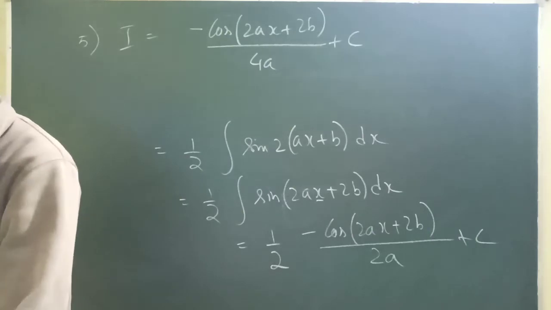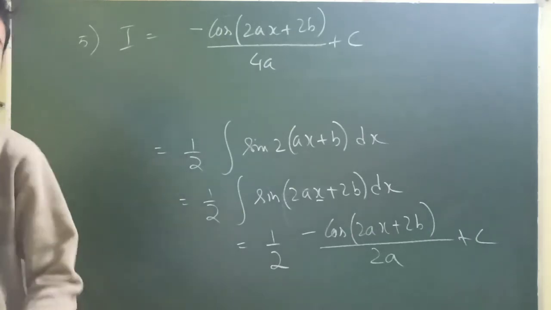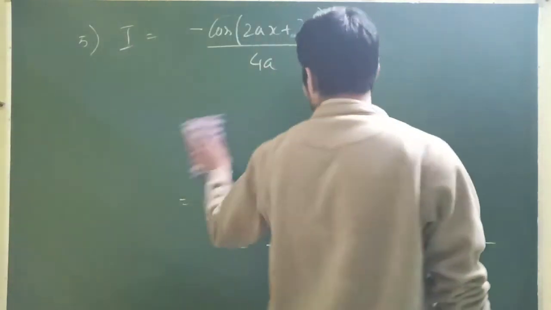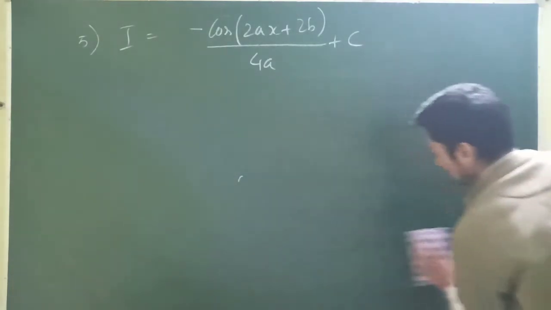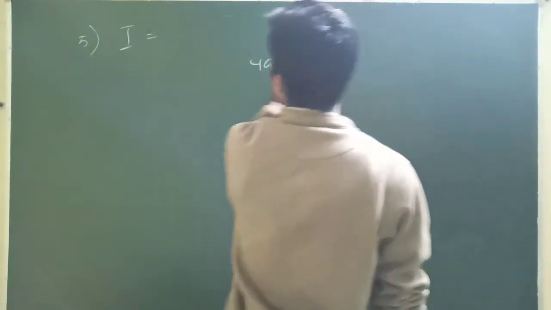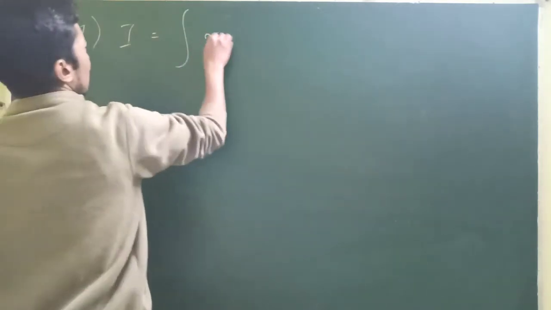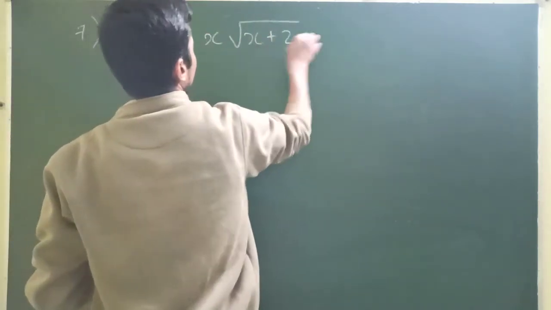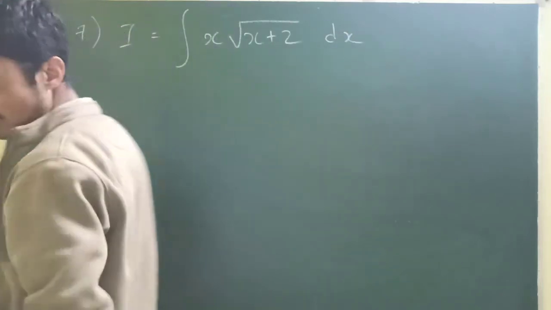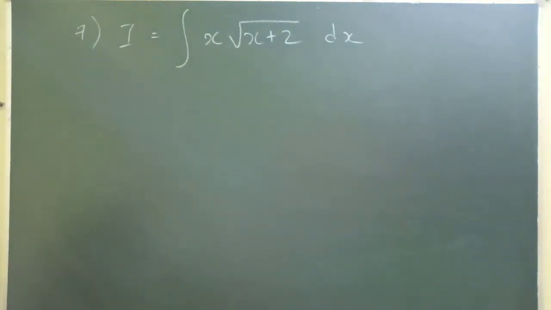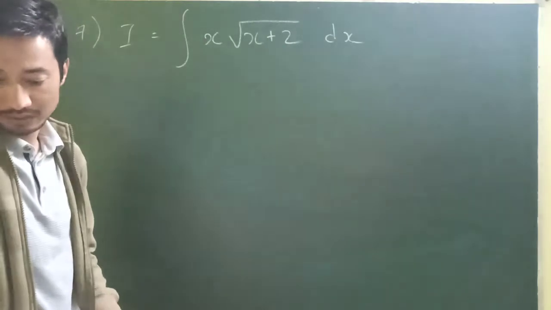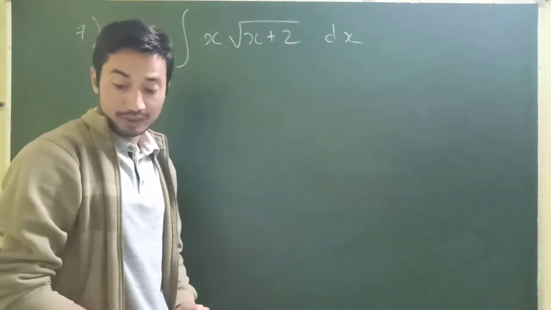Question 7, shall we? Let's do 7. Question number 7: the integral of x times root over of (x plus 2) with respect to x. Okay, what can we do here?